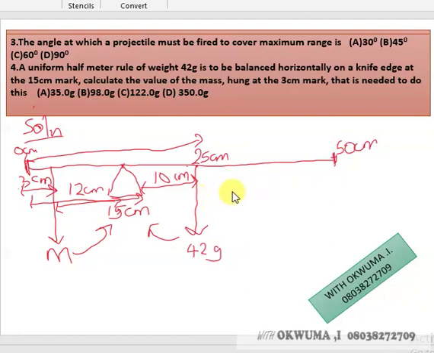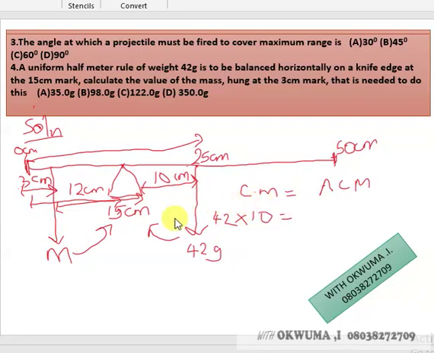So for moment of force, we say that clockwise moment is equals to what? Anti-clockwise moment. So for clockwise moment, force times distance, here my force is 42 and the distance to the pivot here is 10.